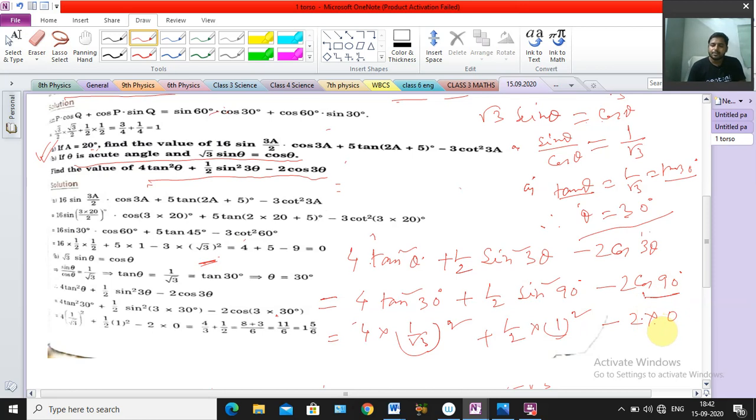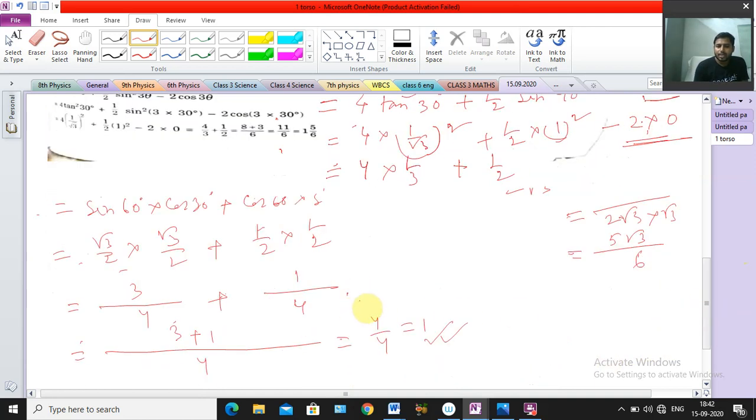Clear? So now I am getting 4 into 1 by 3, plus 1 by 2, 1 square means 1 only, so no need to write it, and this portion is 0, just leave it. So I am getting 4 into 1 by 3 means 4 by 3 plus 1 by 2.